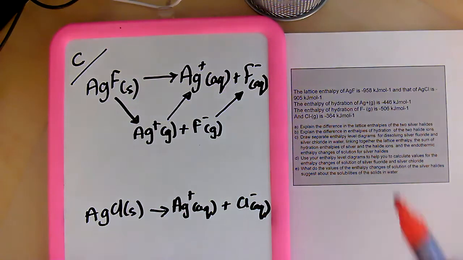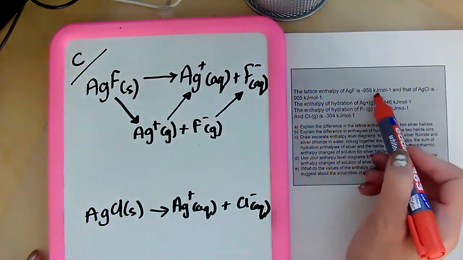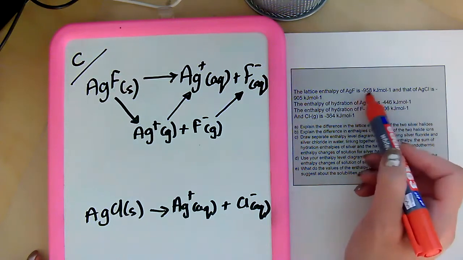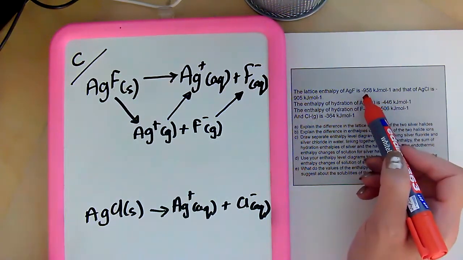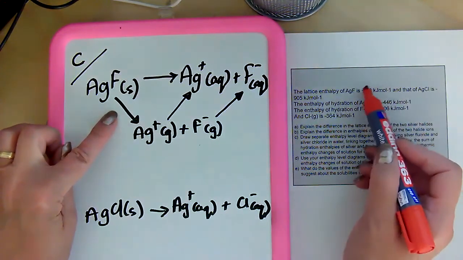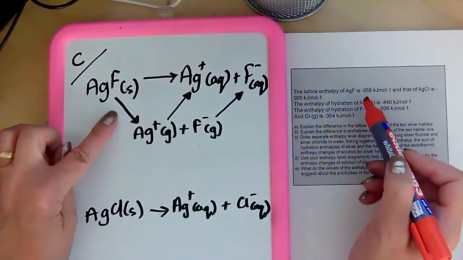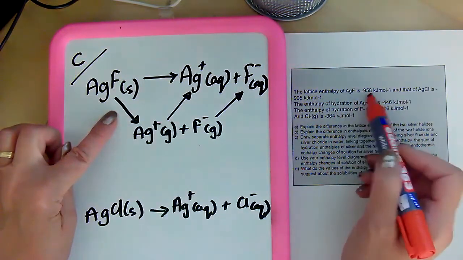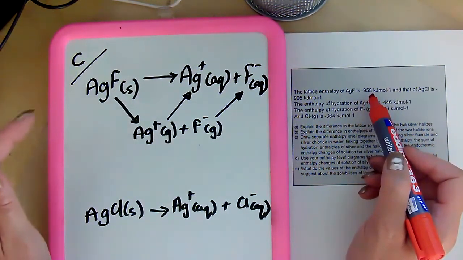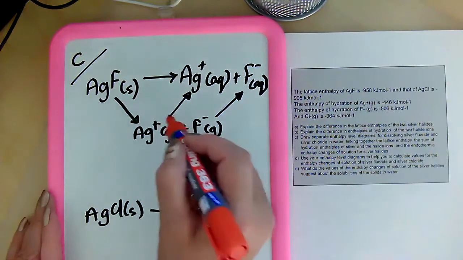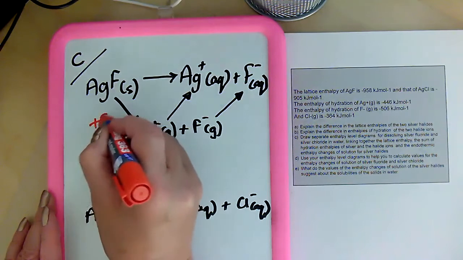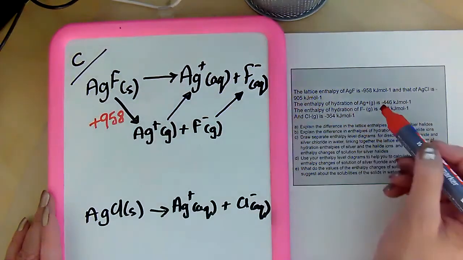So it gave us the lattice enthalpy of silver fluoride, and it's -958, and that would be the lattice formation enthalpy. And I've drawn the lattice dissociation enthalpy, but we know that the formation enthalpy is the exact opposite of the dissociation enthalpy. So the enthalpy of dissociation here would be +958 from this value.